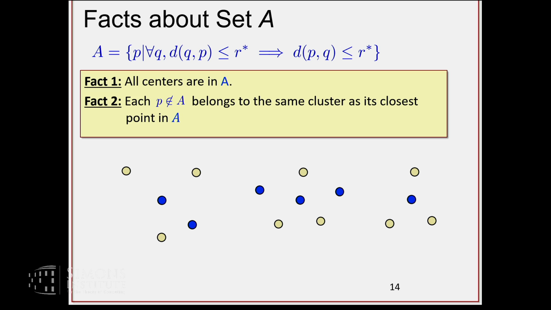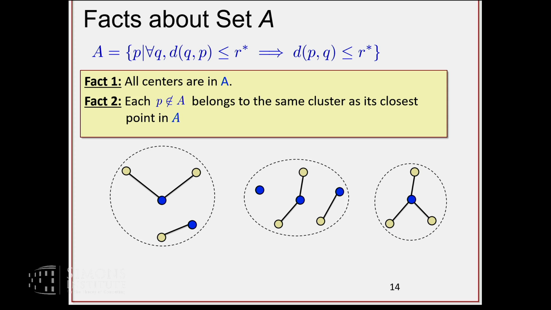If you look at all the points outside the set A, the tan points, and draw an edge to their closest point in the set A, these edges are all going to be within optimal clusters. So there's not going to be an edge that spans an optimal cluster.